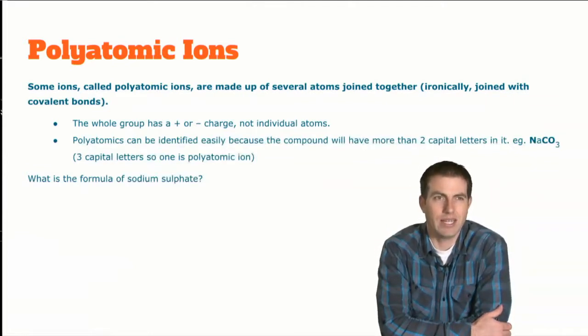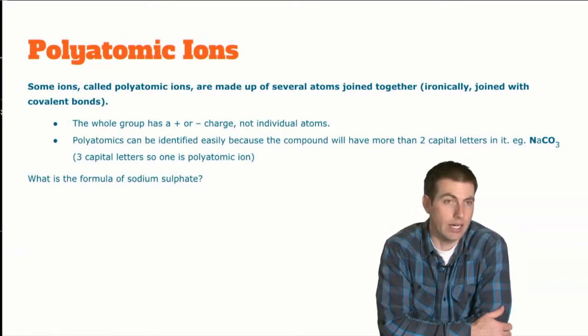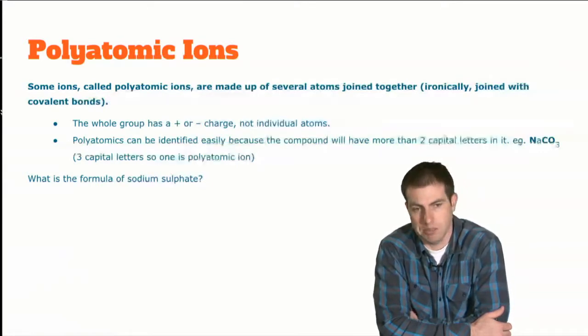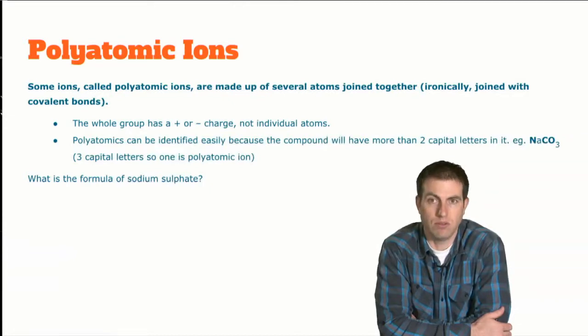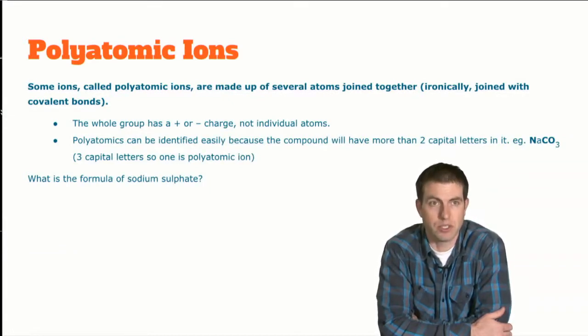What if I said, write down the formula for sodium sulfide, or calcium chloride, or magnesium sulfide? So we're talking about sulfur, which is right, and Taylor, you're on the right track. It is a polyatomic ion for sure, Anna, but how do you know?